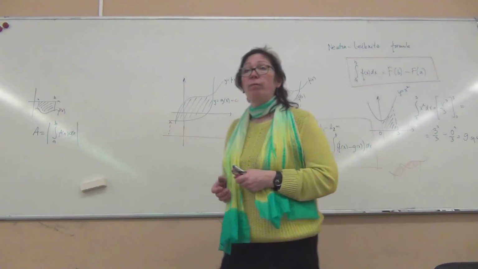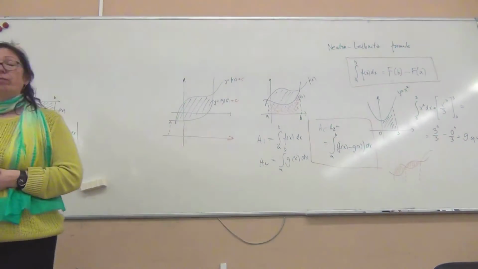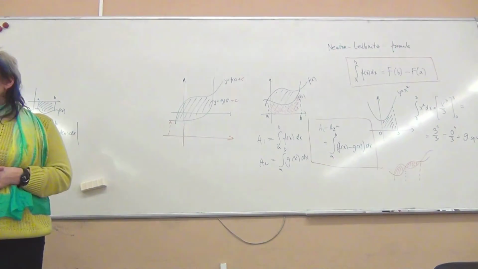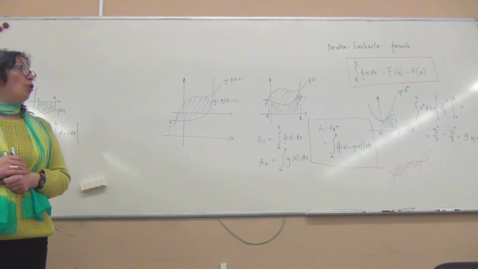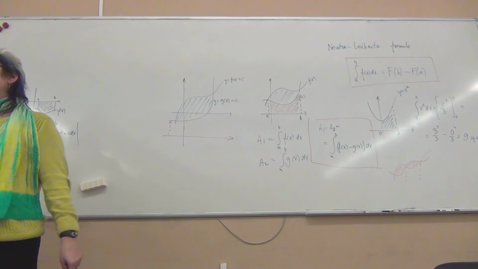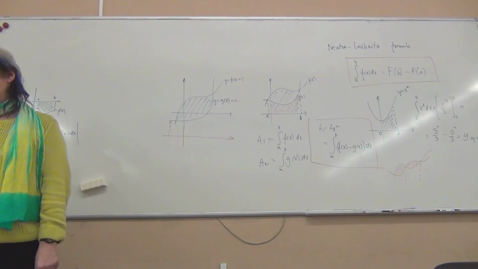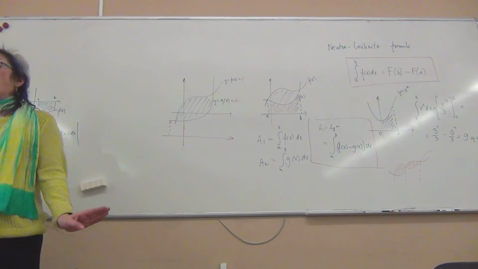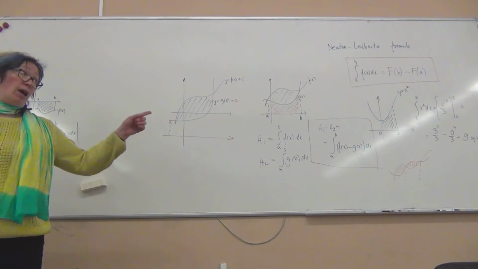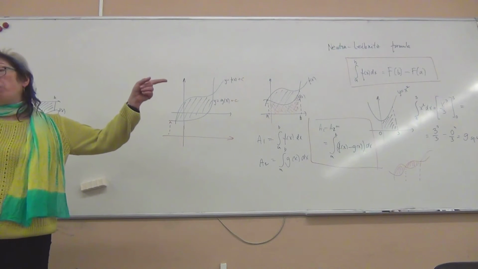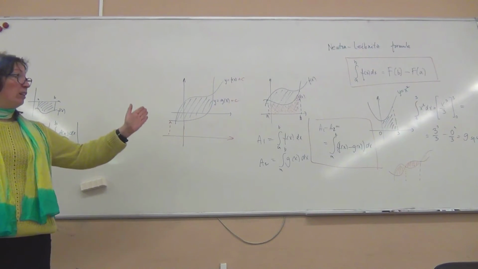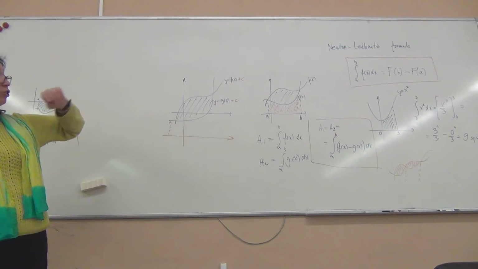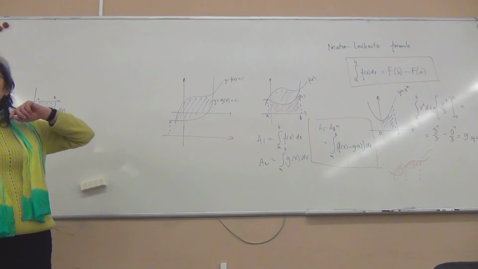But the lower function and the upper function. When you need to know, first of all, you will have to sketch. You will have to do the graphs. Not necessarily extremely accurate graphs, but obviously the intersection points are important. And it's important in each segment to know which function is on top and which is on the bottom.